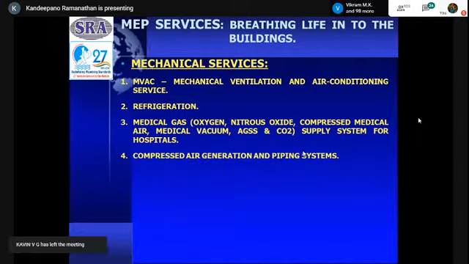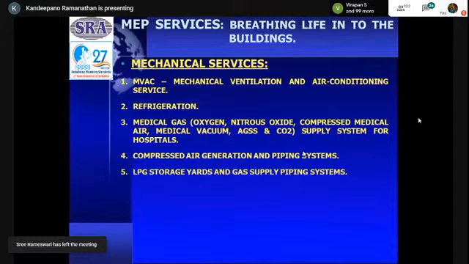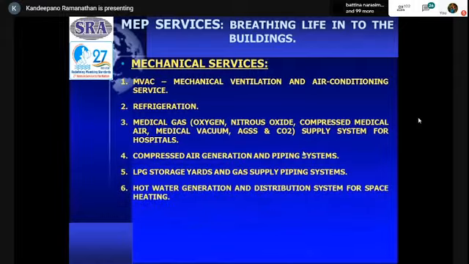Then compressed air generation and piping system, both for hospitals as well as industries. LPG storage yards and gas supply piping systems, mostly for industries. Hot water generation and distribution system for space heating as an air conditioning requirement in cold climates.